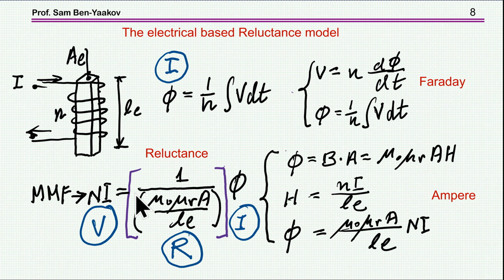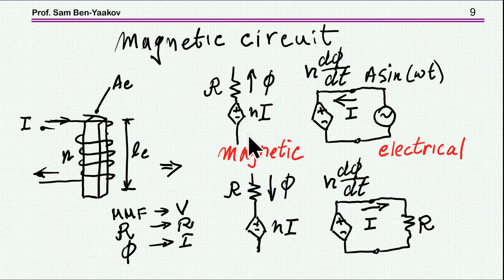Now we can emulate this magnetic relationship by an electrical circuit by defining the MMF as electrical voltage, the reluctance as resistance, and the flux as a current. And by that we can get an equivalent circuit in which the MMF is a voltage source, the reluctance is a resistor, and the flux is the current now passing through this branch.